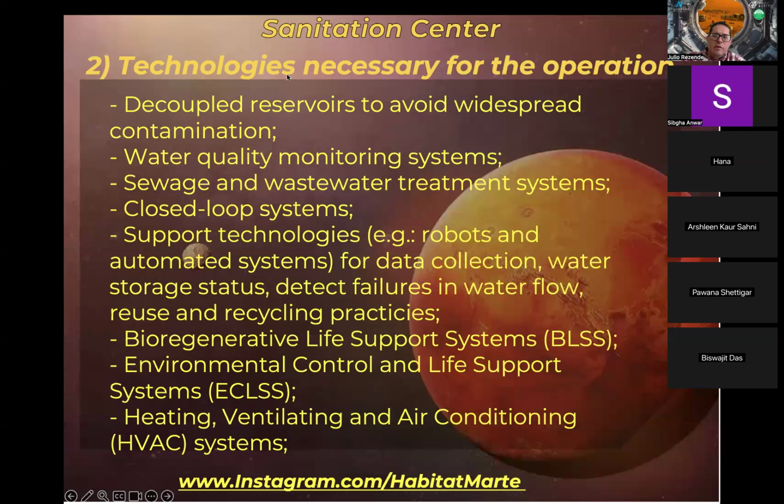We can see some technologies necessary for the operation, like decoupled reservoirs, quality monitoring systems, sewage and wastewater treatment systems, closed loop systems, support technologies like robots or automated systems, bioregenerative life support systems, environmental control life support systems, and systems for heating, ventilating, air conditioning, air filtering and oxygen production.